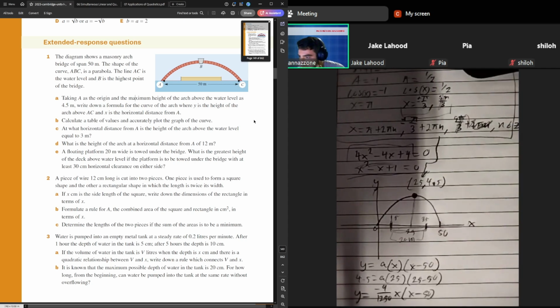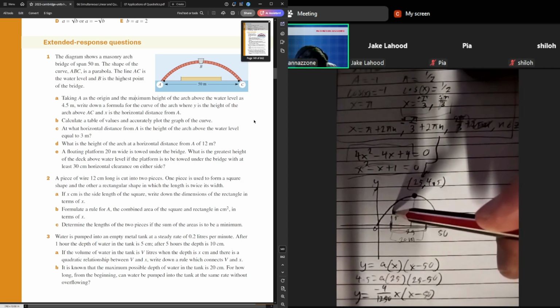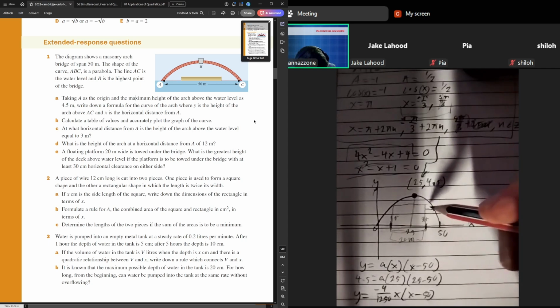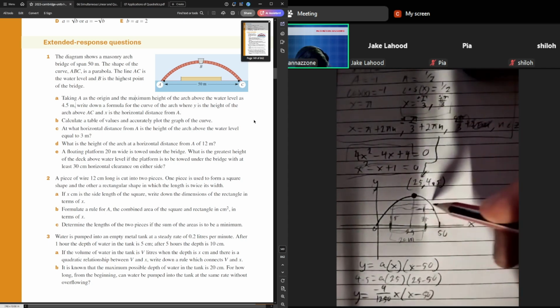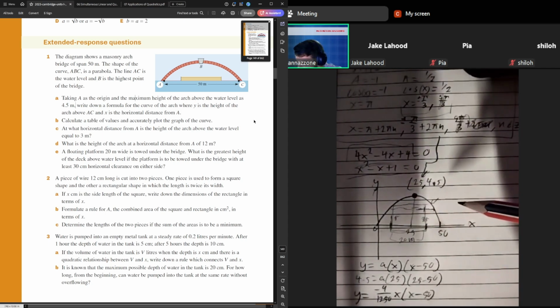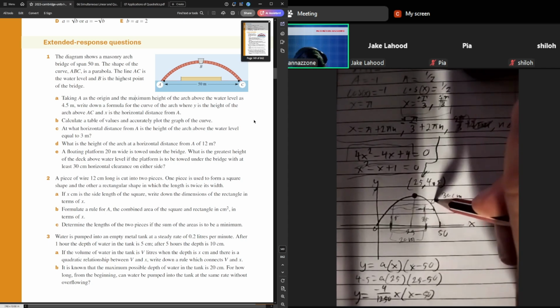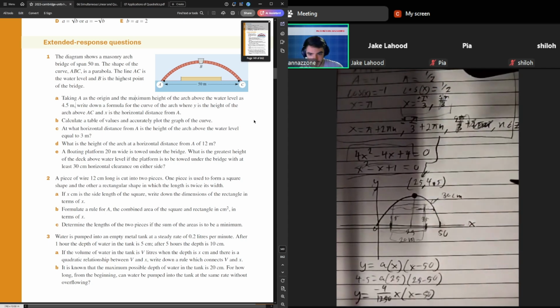Now, the goal is to figure out the greatest height that this could possibly be. So how tall can I make this thing that I'm towing before this distance, so from here to here, like imagine that's the peak, before this distance is breaching 30 centimeters. So I'm only allowed a horizontal clearance of 30 centimeters.